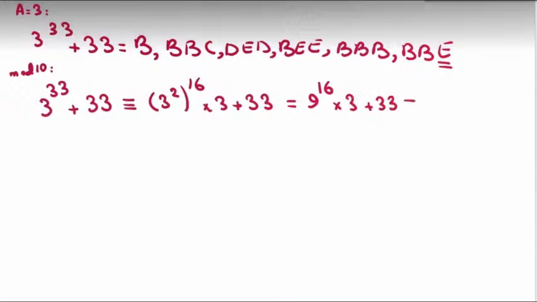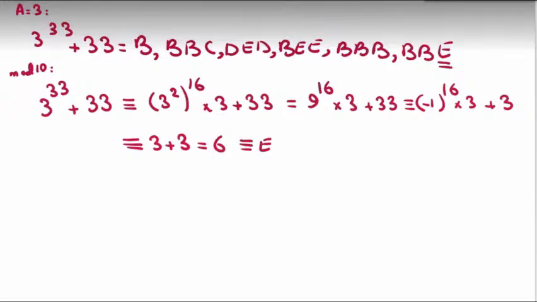Because it is mod 10, 9 is negative 1. Negative 1 to the power of 16 times 3 plus 33, I can write 3 instead of 33. So here it will be 3 plus 3 equal to 6. We conclude the right hand side mod 10 is E. So E is 6. Now I can write this E is 6, this E is 6, this E is 6.